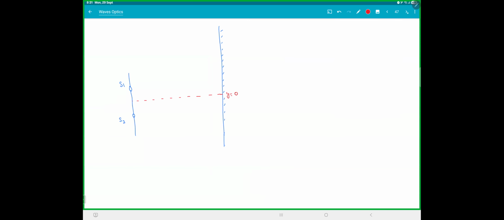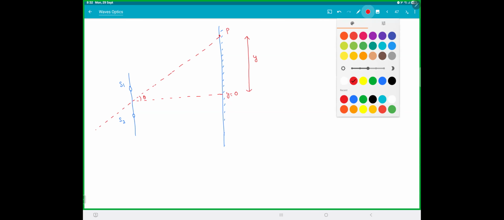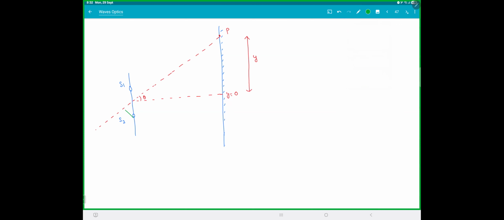So there is a point P somewhere here at a distance y. This angle is theta. So you know the story. We drop the perpendicular here, and here. This point becomes S1 dash and this point becomes S2 dash.